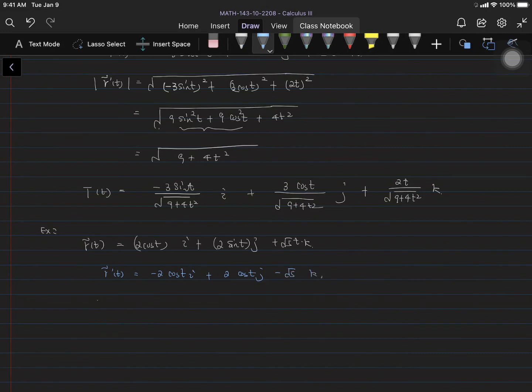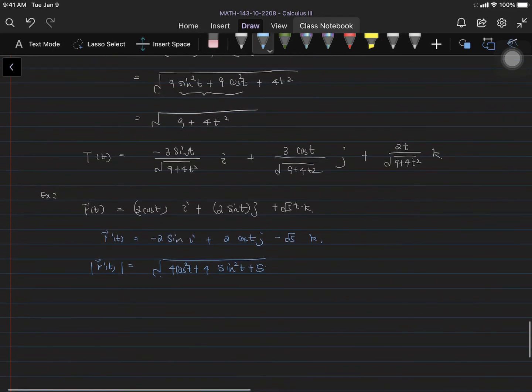And the length: 4 cosine squared, 4 sine squared, and 5. Simplifying, the square root of 9 is 3.